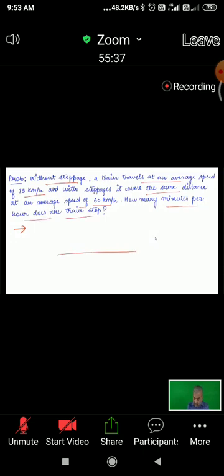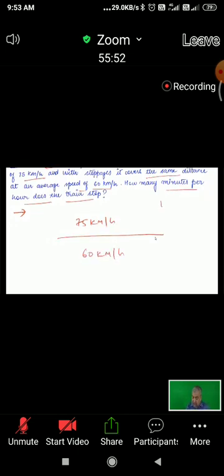So see, without a stoppage, the speed is 75 kilometer per hour, and with a stoppage, the speed is 60 kilometer per hour. Now you take the distance. Distance is not given in the question. You take LCM of 75 and 60. This will be 300. You can take the distance as 300 kilometer.